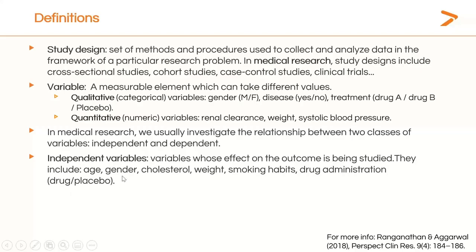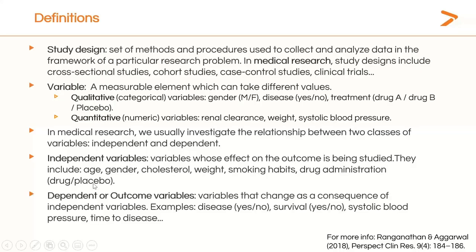Notice that independent variables include both qualitative and quantitative variables. Age, cholesterol, weight are quantitative, whereas gender, drug administration, smoking habits are more qualitative. Dependent or outcome variables are the variables that change as a consequence of independent variables.